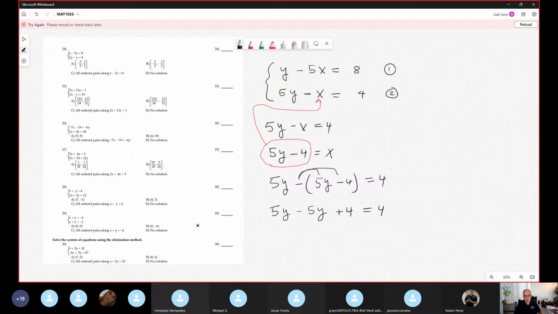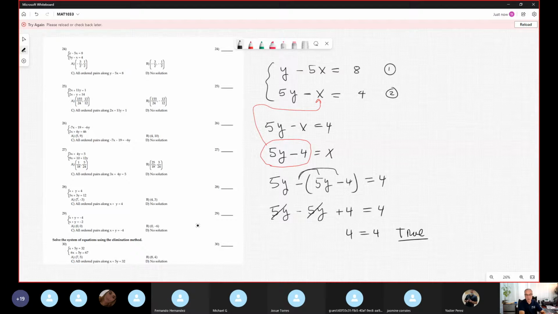Oh, something weird happened in this problem. The variable cancels out, disappears, and you get 4 equal 4. And by the way, it's a true statement. And don't forget, remember we have 3 possibilities of solution of the system. One possibility is the scenario that we are doing so far. But we discover now a weird one.